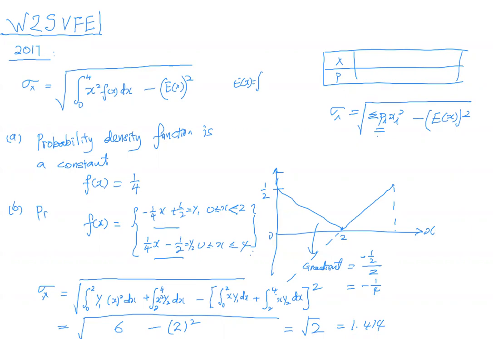So you see, 2017 question, correct? 18 don't have, 19 don't have, it's not this style. 20 also don't have forming formula. 21 also don't have. So this year, you better learn how to write down the formula.